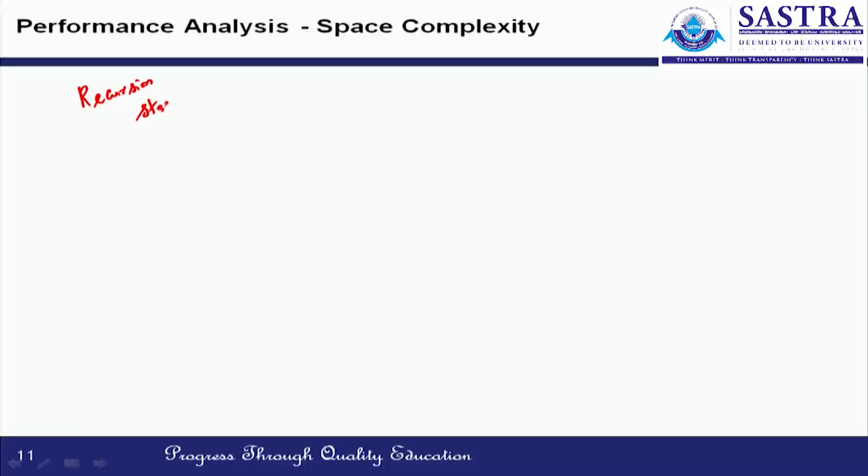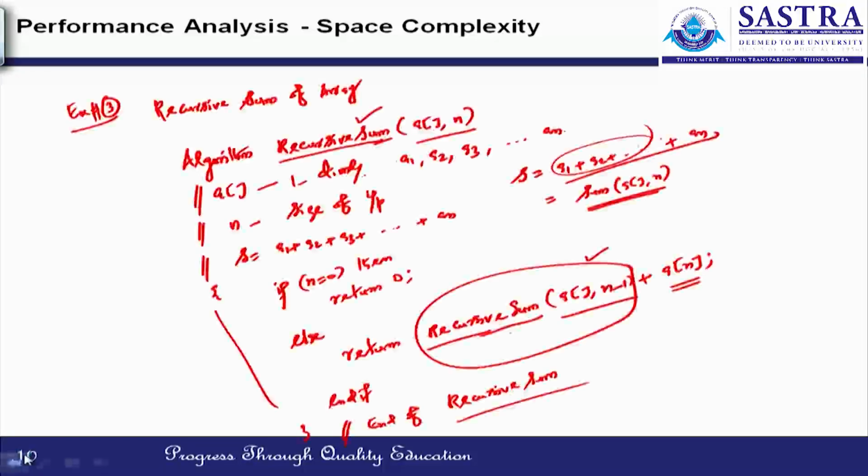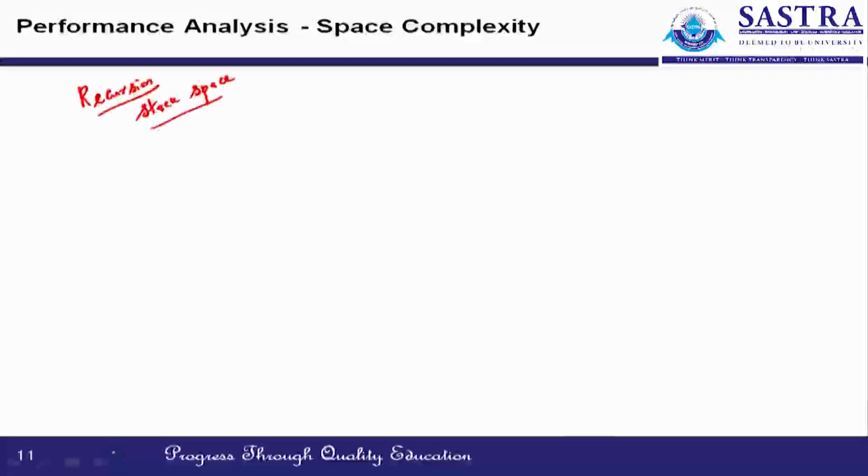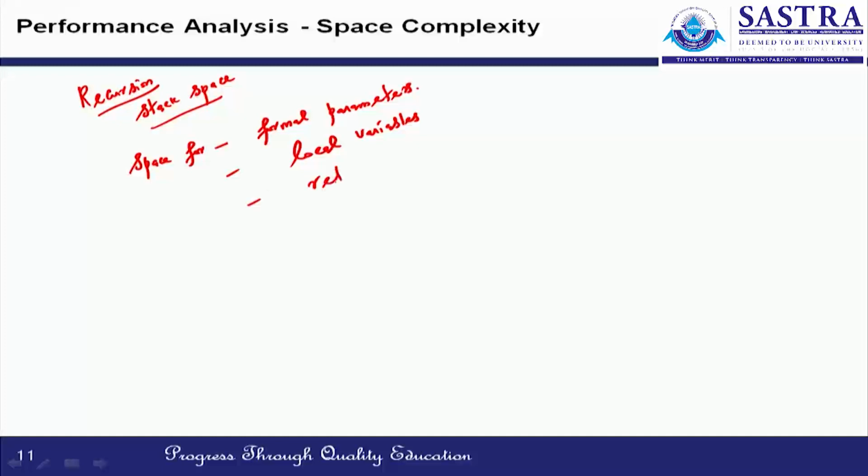Recursion stack space required to run the algorithm recursive sum A array comma n. In general, the recursion stack space includes the space for formal parameters, local variables, and return address.